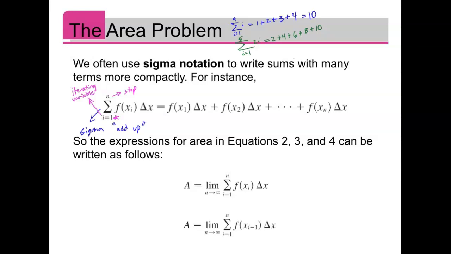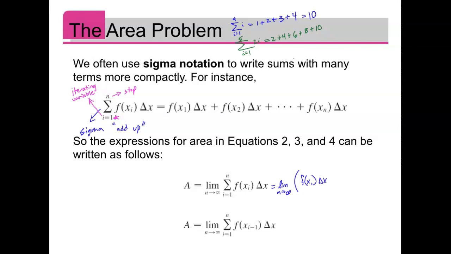So let's look down here. The sigma notations for the right-hand and left-hand sums are given to us. We're given i equals 1 to n, f of x_i delta x. If I wanted to write this in expanded form, first thing I would do is plug in 1 for i. So the first term I would get is f of x1 delta x.